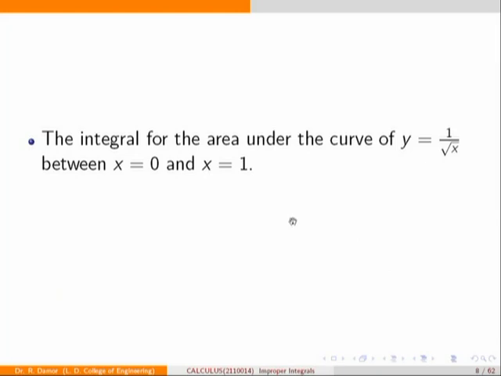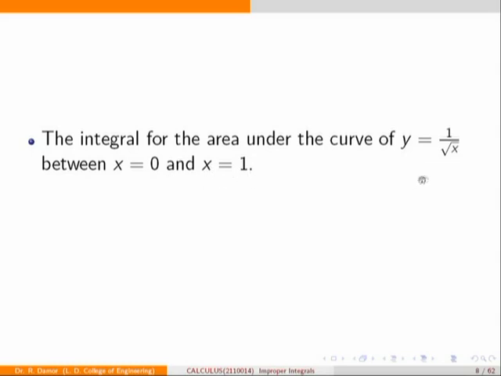Second, consider the integral for the area under the curve y equals 1 upon square root of x between x equals 0 and x equals 1. Here x equals 0 and x equals 1 are fixed limits, so it is a definite integral of the type a to b.